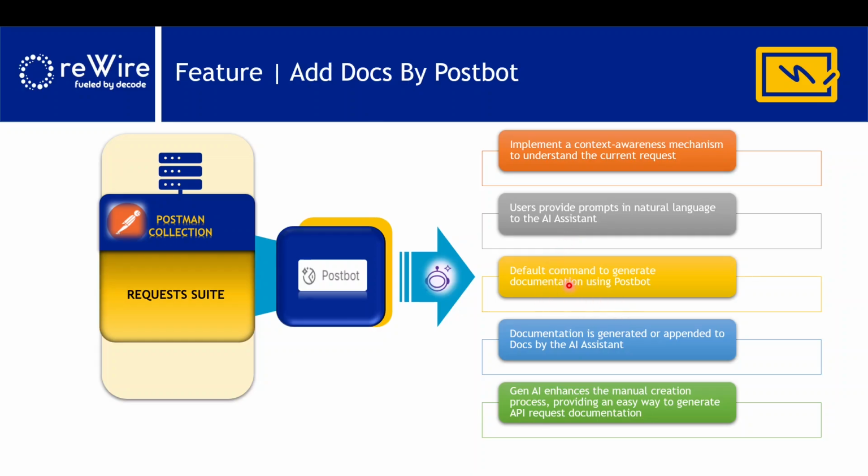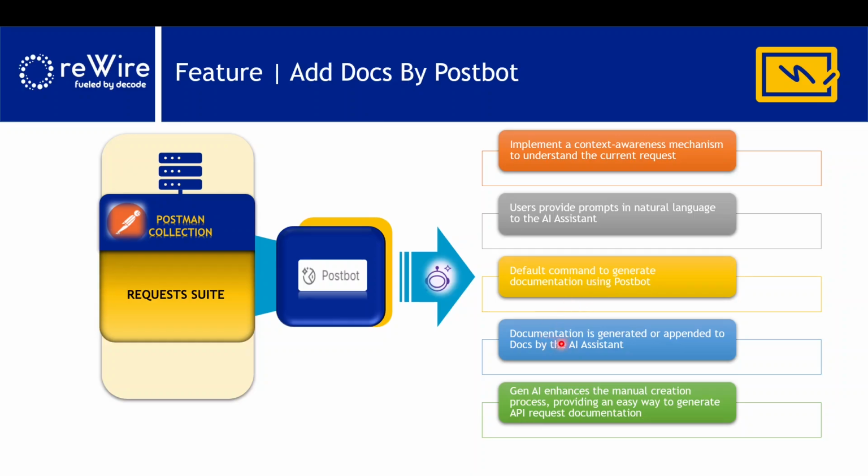So, the default command to generate documentation using the Postbot. Suppose you have deleted everything and you wanted to regenerate. This particular option is enabled only when that particular request doesn't have any documentation. If you click on that default option, it will generate only the basic documentation for that particular endpoint.